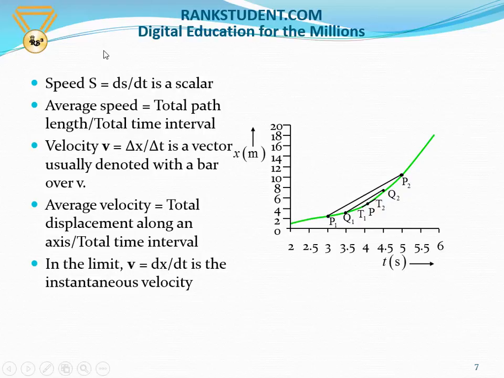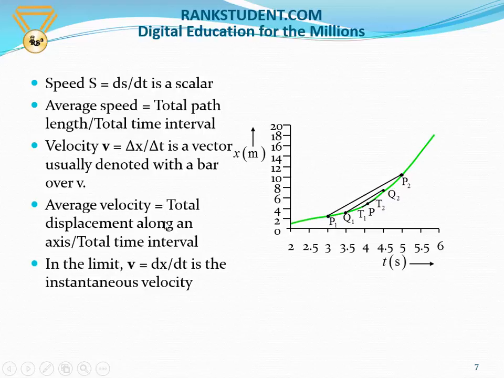The speed is ds by dt, where ds is the total path length divided by the distance as measured by the projections from P2 and P1. The average speed is the total path length divided by the total time interval.